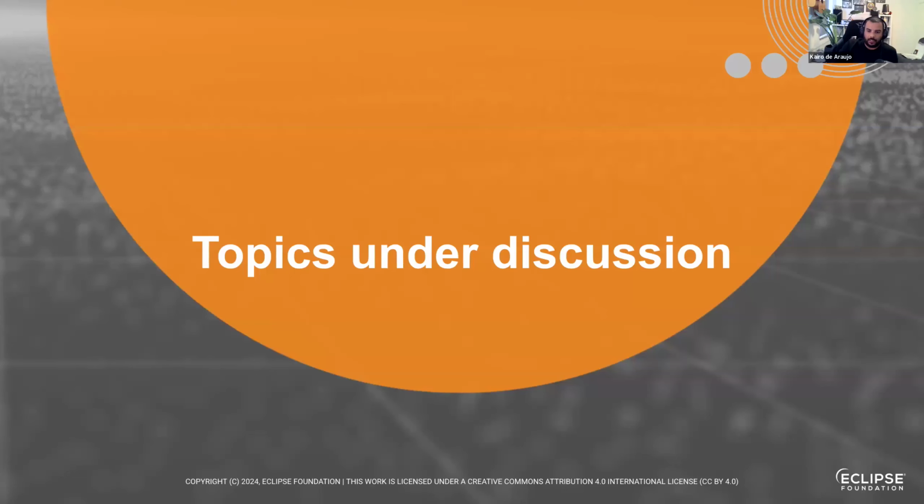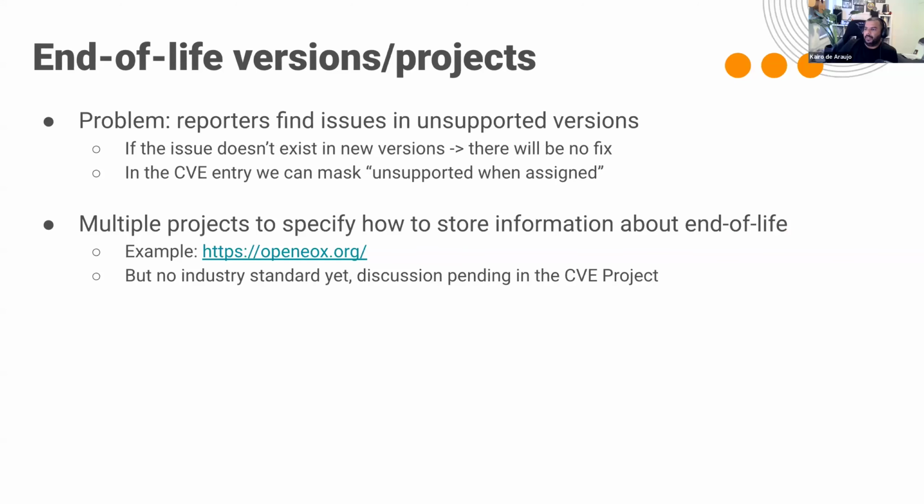And the topics that are still under discussion, one thing is the end of life or end of versions for projects. We have a problem when we have a disclosure, but this is in an unsupported version, and how we treat that. If an issue doesn't exist in the new versions, this will not be fixed. And for a CVE entry, we can mark it as unsupported when assigned.